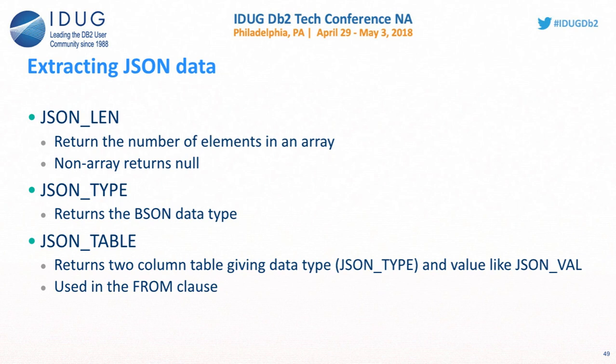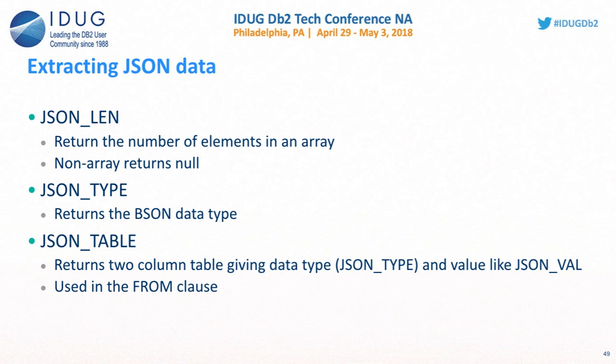If you give it a non-array variable, it will come back and say, no, sorry, I can't do that. JSON_TYPE will return the type of BSON data, and if you take a look at this presentation afterwards in the notes, I basically listed all the different BSON data types, as well as the ones that are now deprecated.